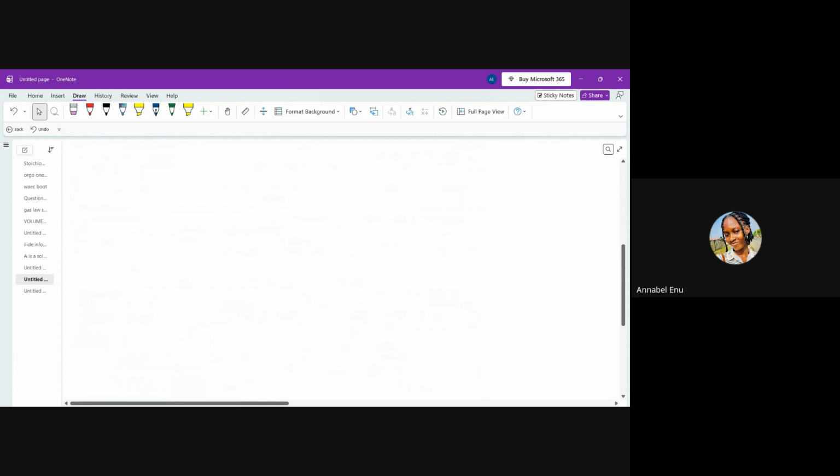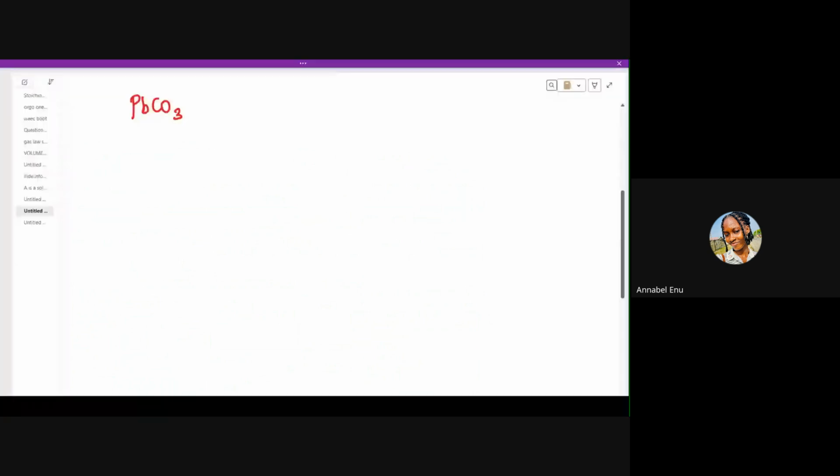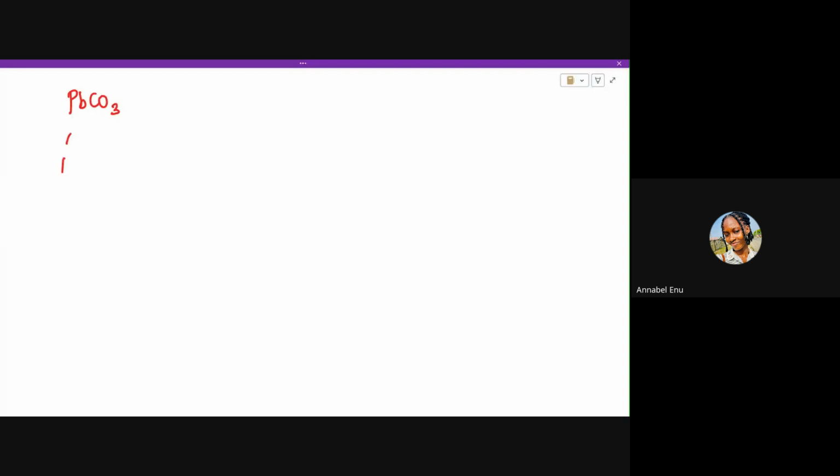Now, lead 2 carbonate is PbCO3. That is the formula because it is composed of lead, Pb, with this charge of 2 plus, and it's also composed of the negative carbonate, CO3 2 minus.